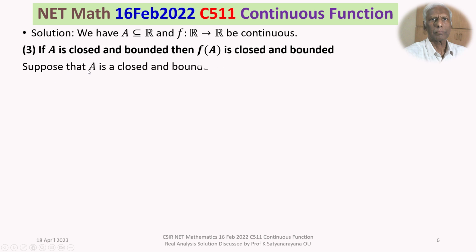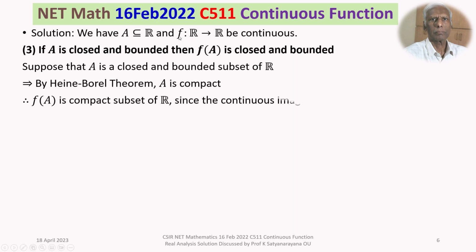Suppose that A is closed and bounded, so it's a closed and bounded subset of R. By the Heine-Borel theorem, A is compact, because in R power k, E is compact if and only if E is closed and bounded.